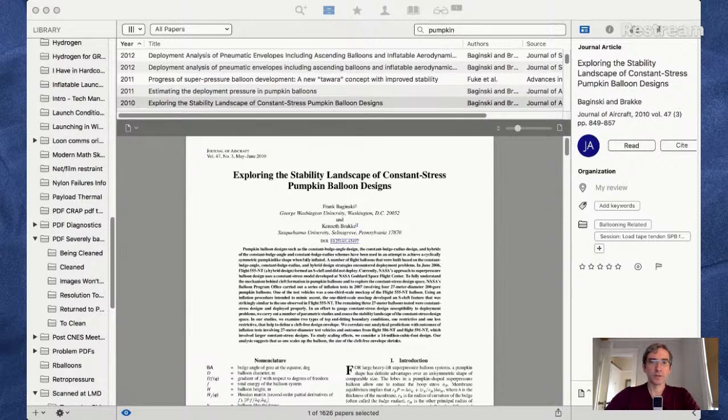Yeah, these are the balloons I worked on. I was very happy and fortunate to be able to do that. Here we go. Chrome tab. There we go.